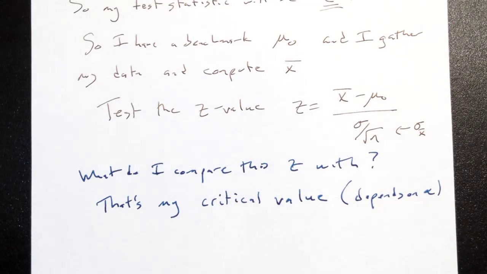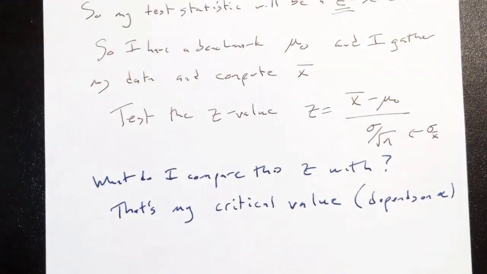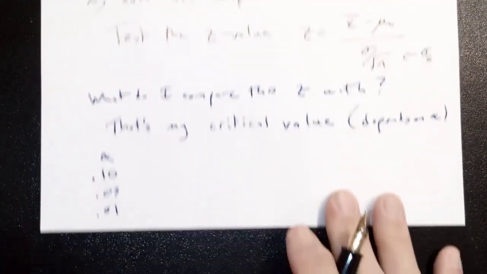So let's make a decision. If I'm doing a one-tail test, I need all of alpha to be in one tail. Here are some alpha values.